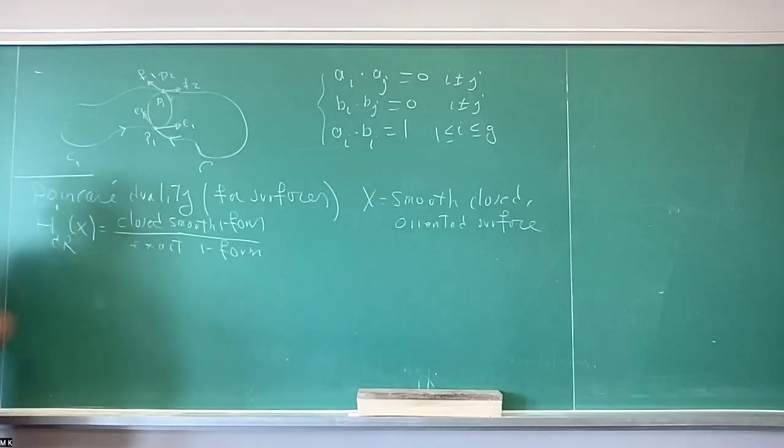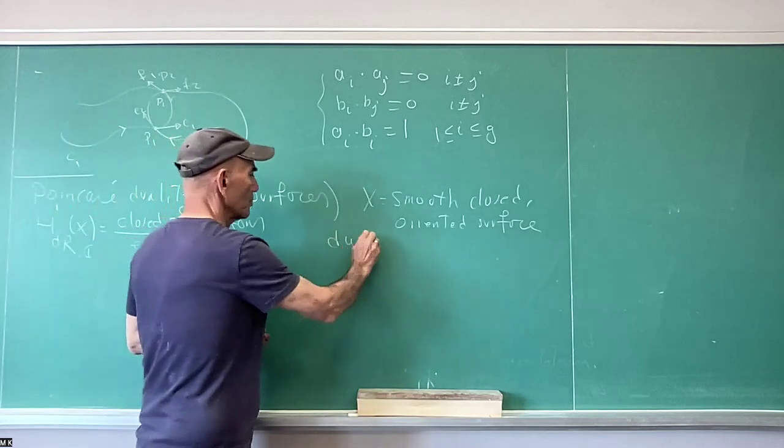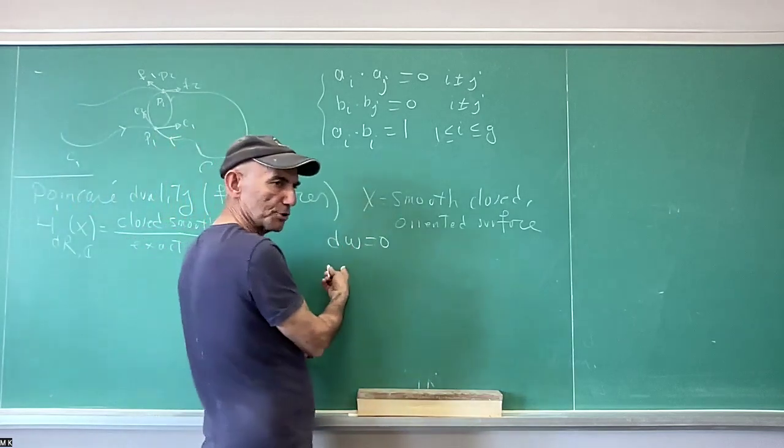Just be careful: I'm also using de Rham cohomology with complex coefficients, which is an easy modification of the original definition. These are closed one forms, meaning d omega is equal to 0, the closedness condition.